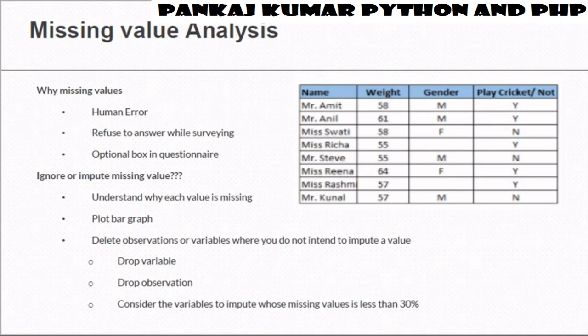Some questions you respond to and some you just ignore. When the backend team converts your answers into a proper shape, in the form of Excel, and you did not respond to a question, the backend team will not have an answer for it, so that cell will remain vacant. That is called a missing value.